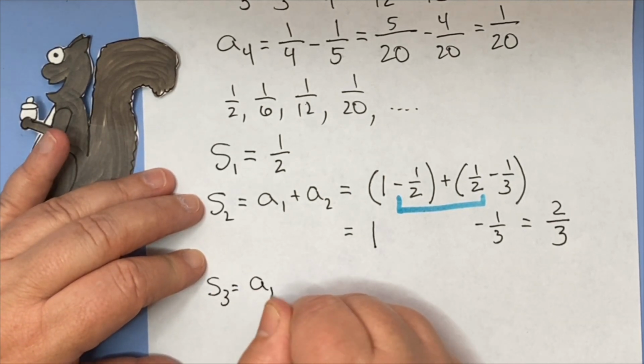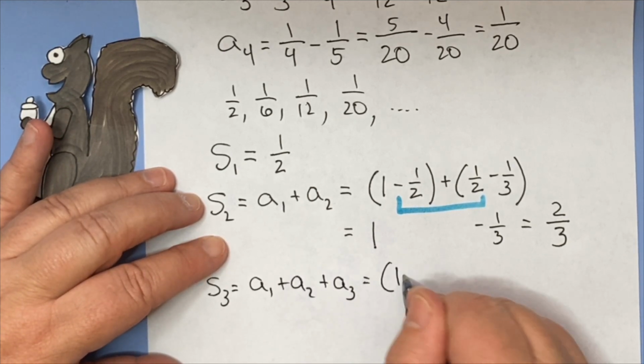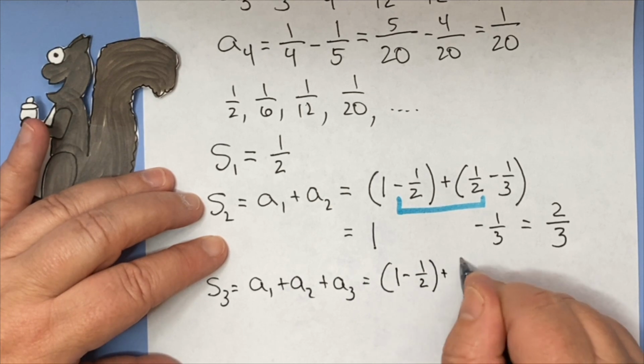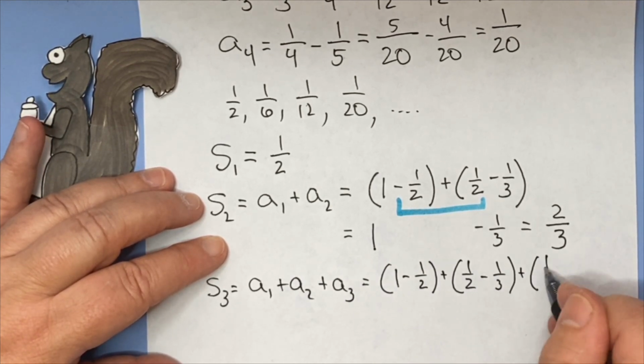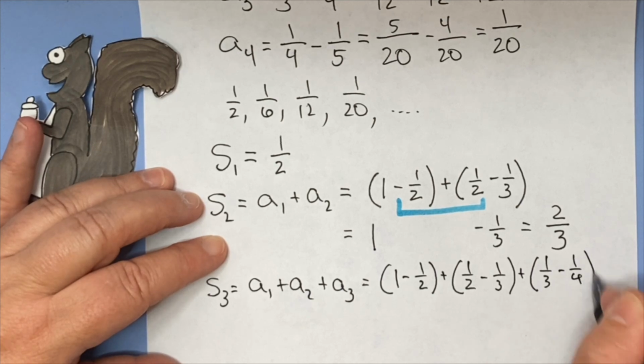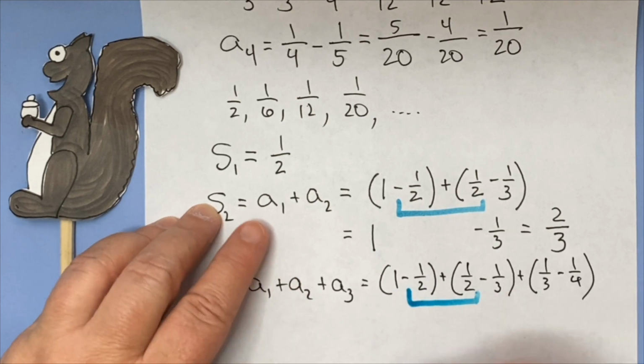S3, A1 plus A2 plus A3: 1 minus 1/2 plus 1/2 minus 1/3 plus 1/3 minus 1/4. The halves cancel out.